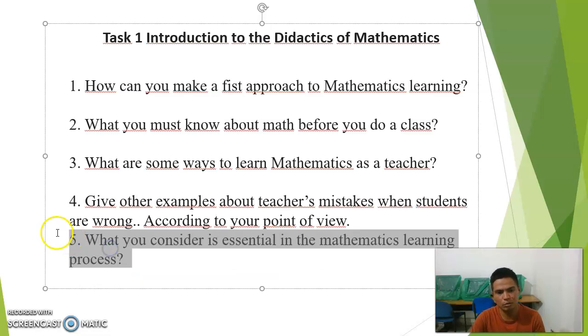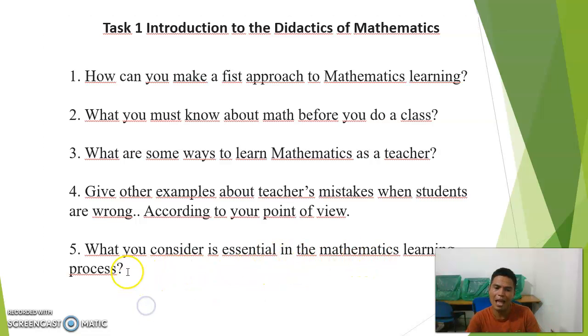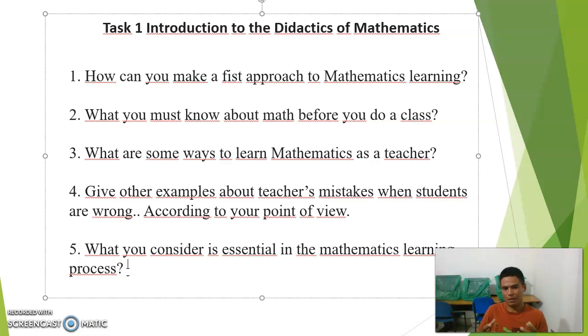Okay. Now, or finally, the last question according to this first activity is, what do you consider essential in the mathematics learning process? What do I consider essential in the mathematics learning process? Okay. I consider, according to the fifth question, that it is very important to identify our strengths.